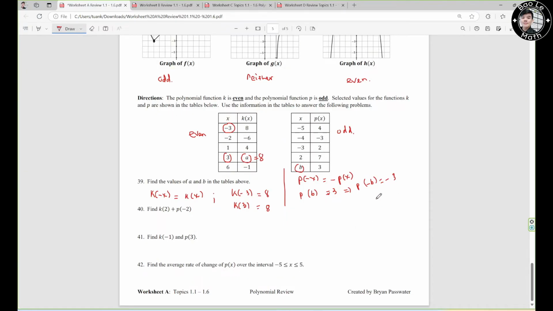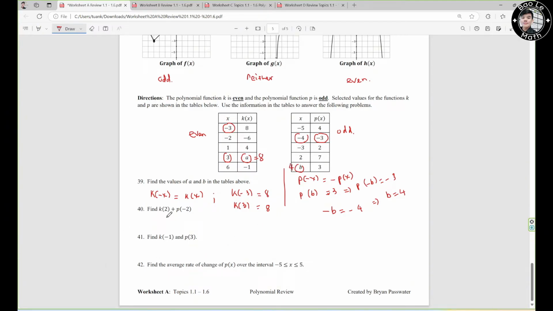So we look at this one right here. Negative 3 is going to be right here, which means we have negative 4 right here. So we just equate this. We have negative b equals negative 4, and then b equals 4. So the answer is 4.